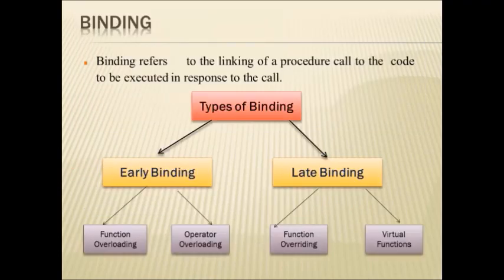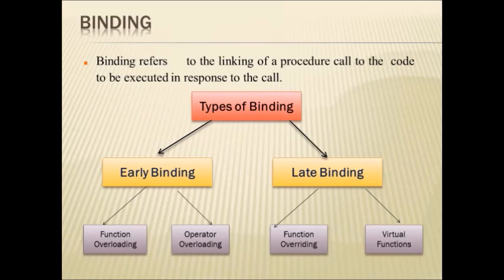And binding, one important property. What does binding mean? Linking of a procedure call to the code to be executed in response to the call. That is, your object is bound to its function call, which is known as binding.